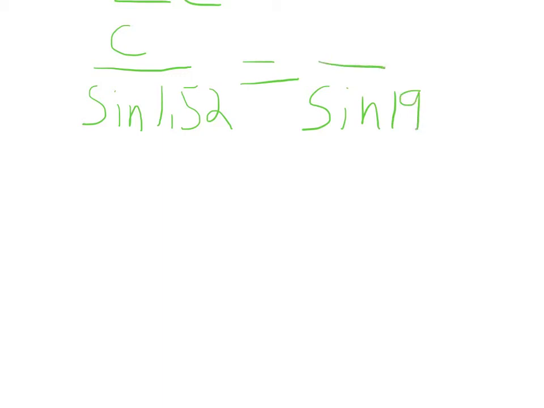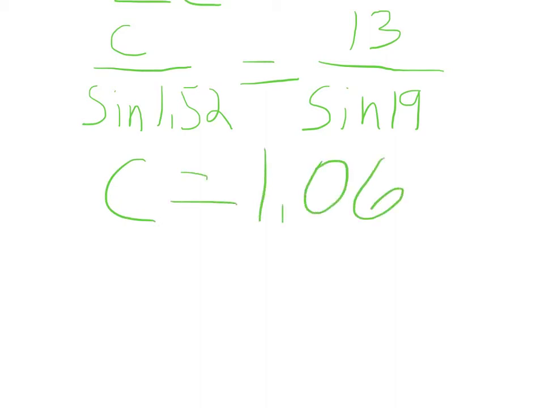Now that you have all your angles and two of your given sides, you can find your c length also by using the law of sines. Cross multiply, and you will get c equaling about 1.06 in length.